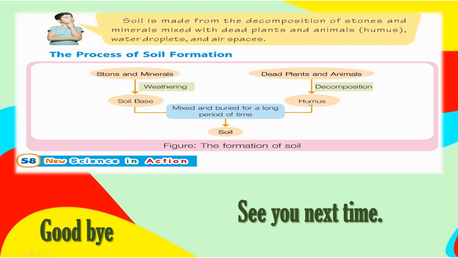Decomposition, right? So what will happen? Humus. After that, mixed and buried for a long period of time. If they are mixed and left for a long period of time, what will it become? It will become soil. All right, students?